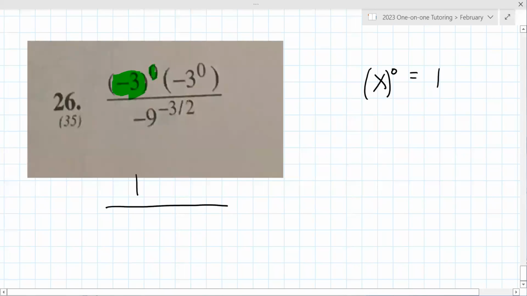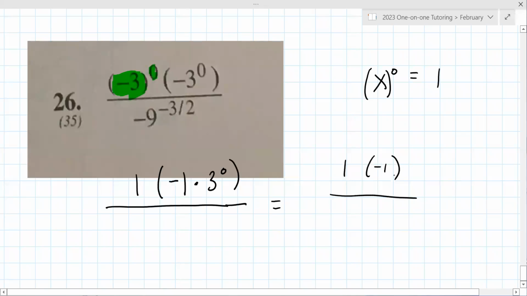But the one to the right of it, you really have to treat it like -1 times 3 to the 0. So the 3 to the 0 is 1, but not minus 3 to the 0. This becomes 1 times -1. Similarly on the bottom, it's -1 times 9 to the minus 3/2.